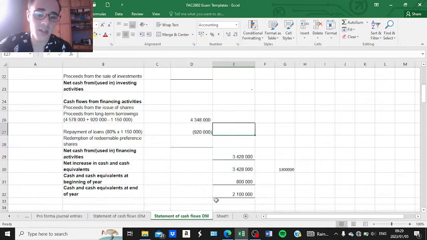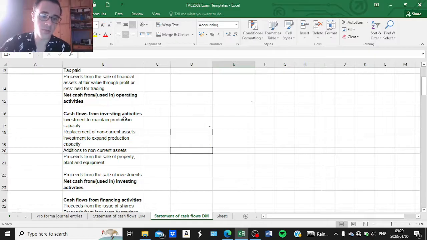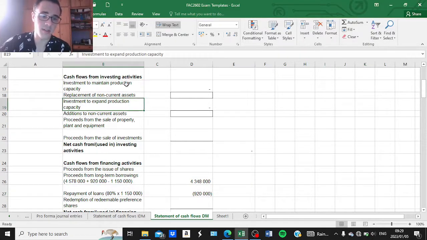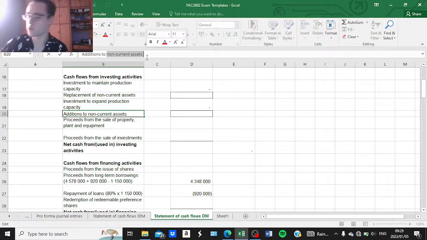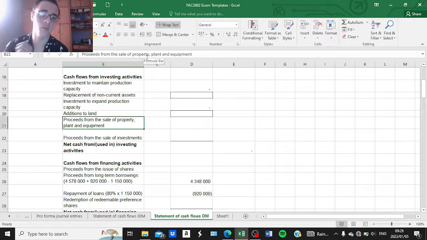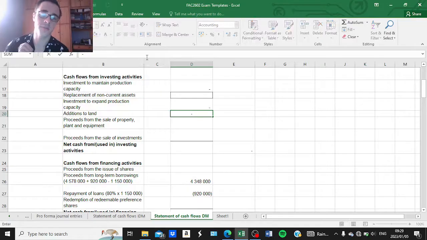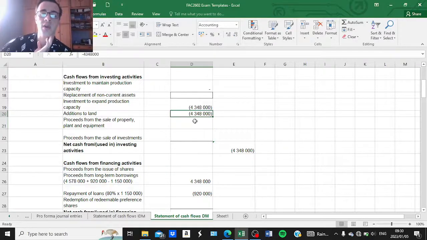So because this was acquired for expansion purposes, we will show it in this line item right here: investment to expand production capacity, additions to land, and we have already calculated that amount to be 4,348,000. So as you should notice, these two amounts in the statement of cash flows will in effect cancel each other out.